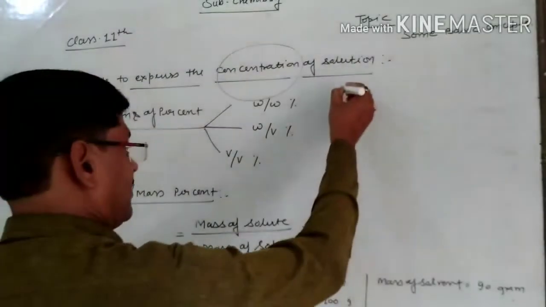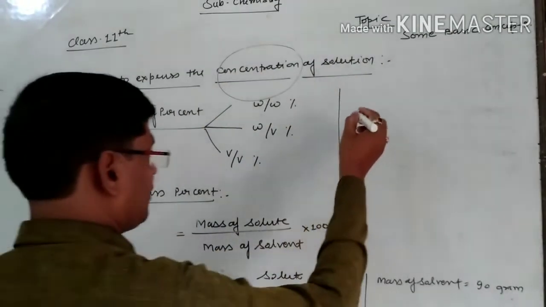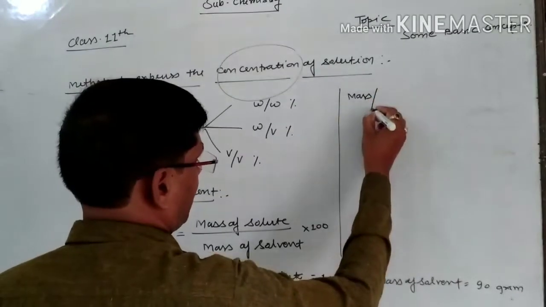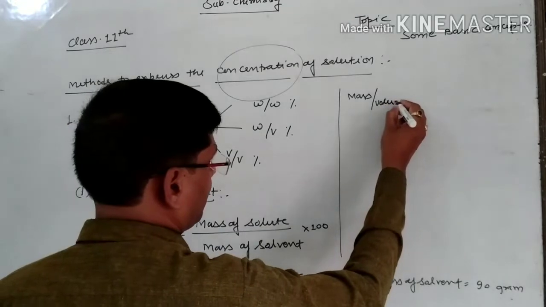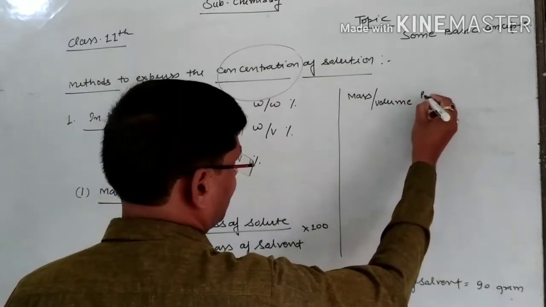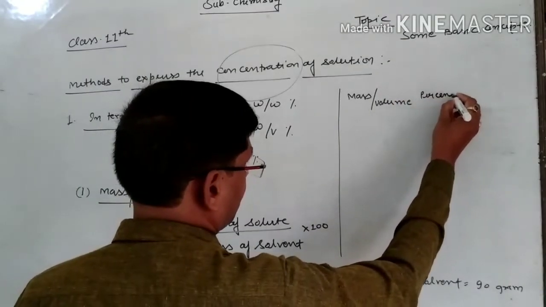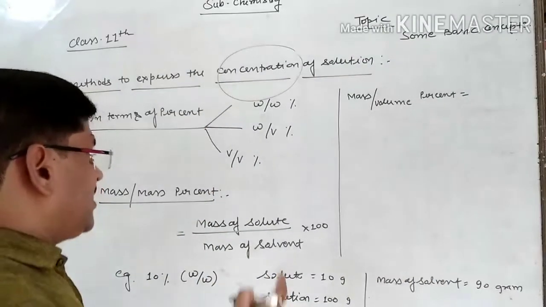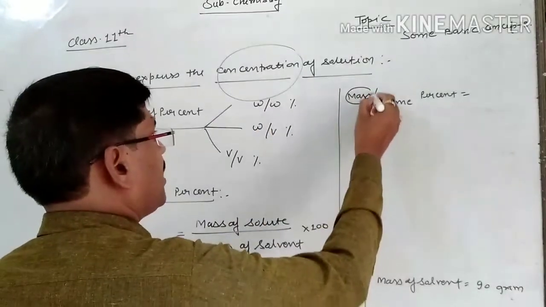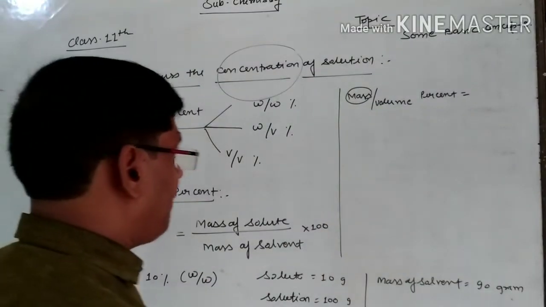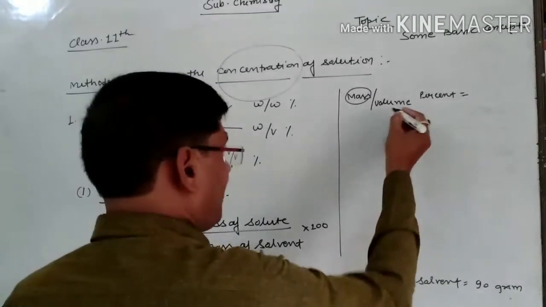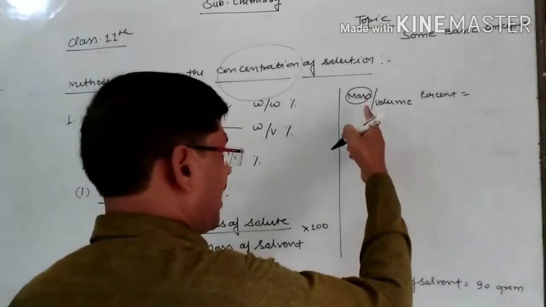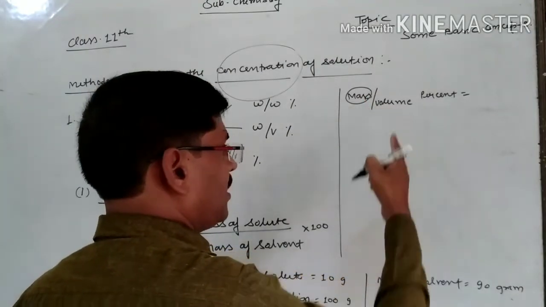After that, the second one, W by V, means mass upon volume percent. What does it indicate? It indicates the mass of solute in grams present in 100 ml solution. Once again, mass of solute in grams present in 100 ml solution.